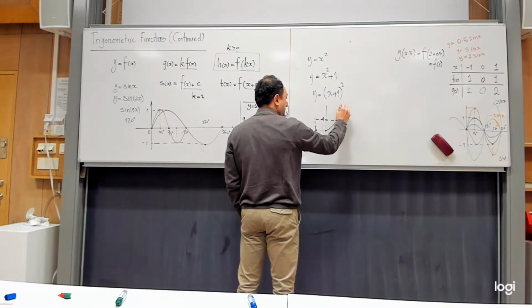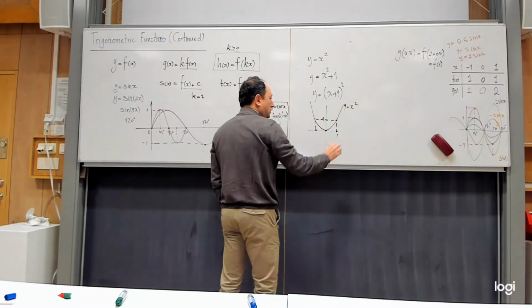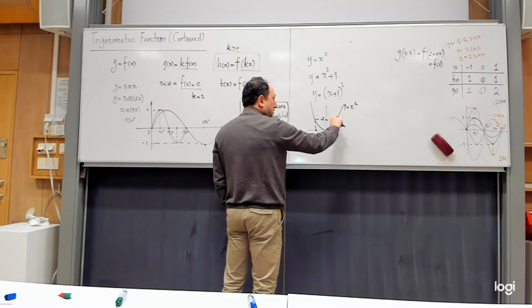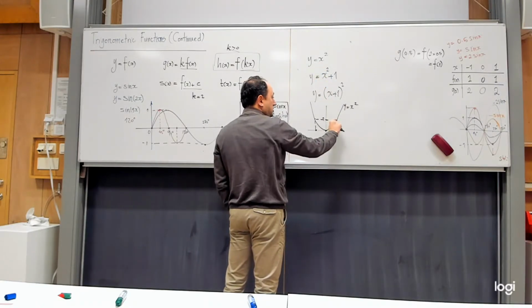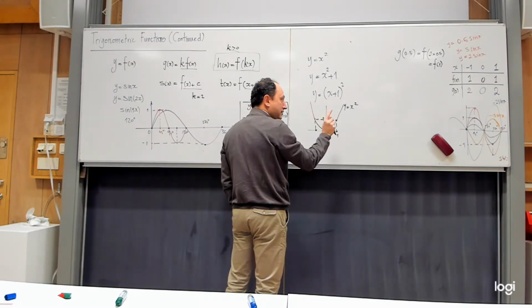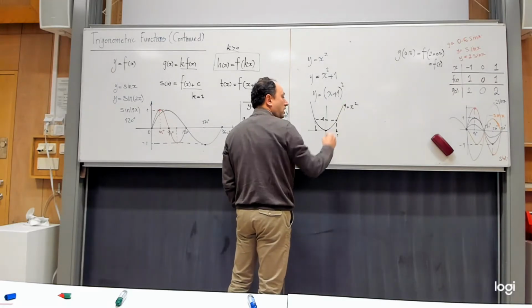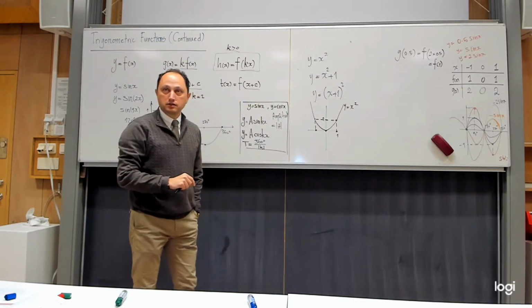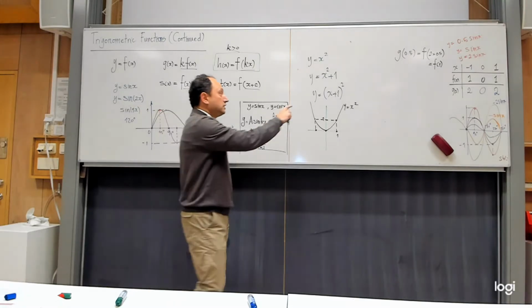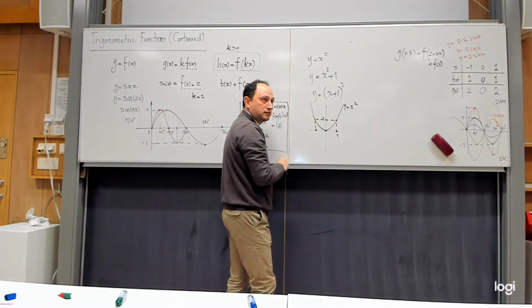So let me just draw something here. So this is y is equal to x squared. So this old graph reaches height 1 when x is equal to 1. It means that whenever the input is 1, I will reach height 1. Yes? Yes or no? But for this case, I reach input 1 earlier.